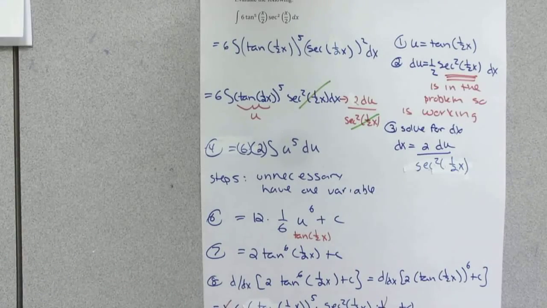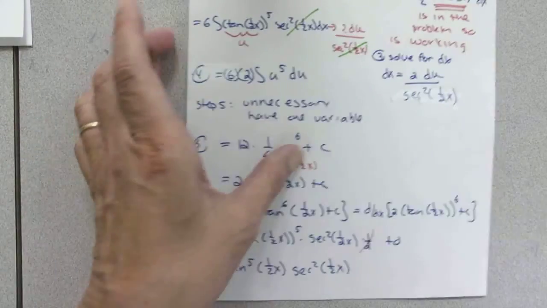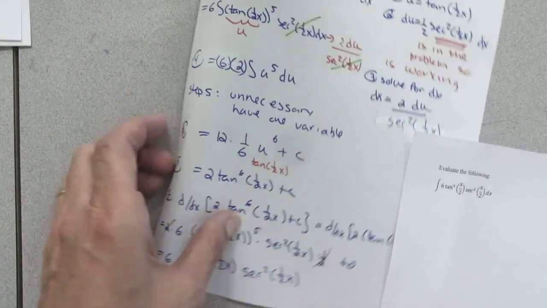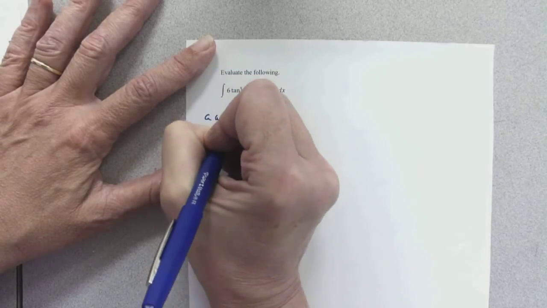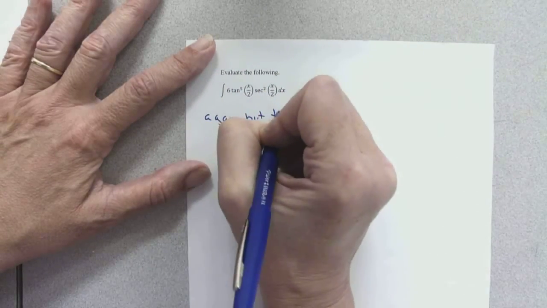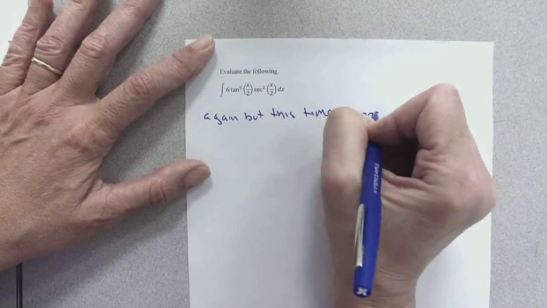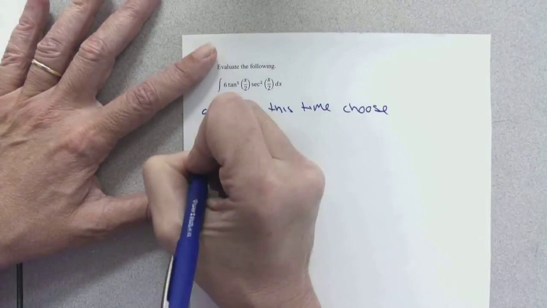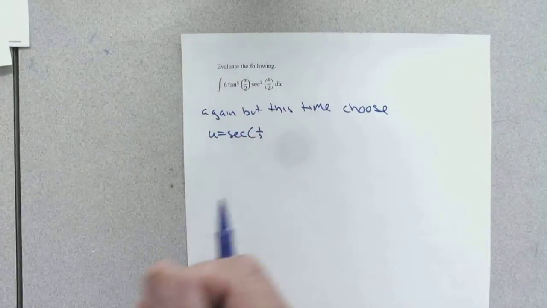But every once in a while, maybe you will choose the wrong thing. So let's do it again. But this time, I'm going to choose u equal secant, 1/2 x.